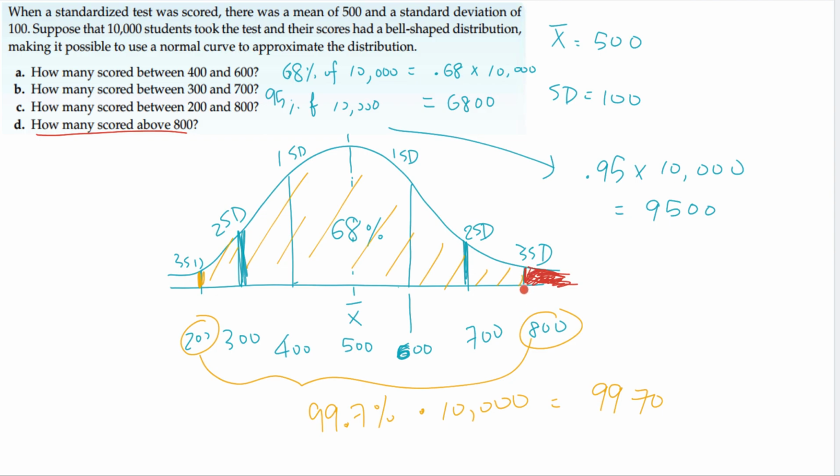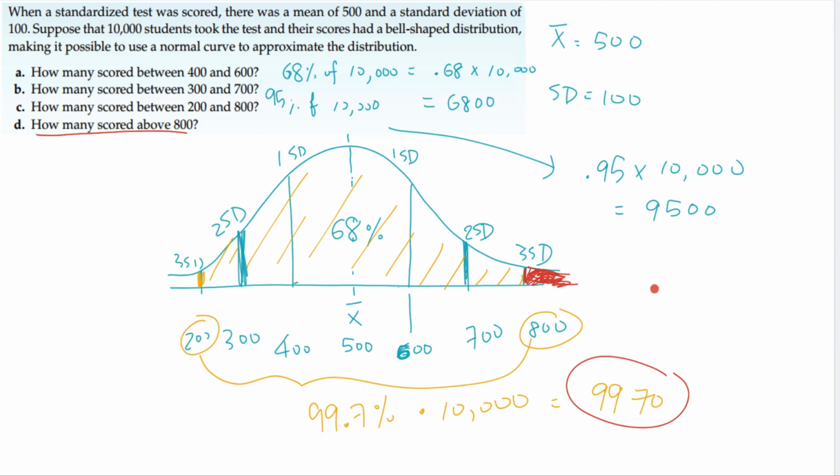Well, we already know that the number of students within 3 standard deviations is 9,970. Then if you take that much away from the total, we know that's the sum of the lower end and upper end. And since this is symmetrical, if you divide it by 2, you're going to find only one part, because this part and that part have to be about the same number, right?